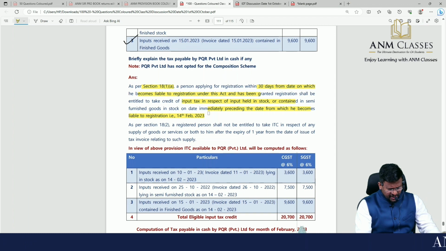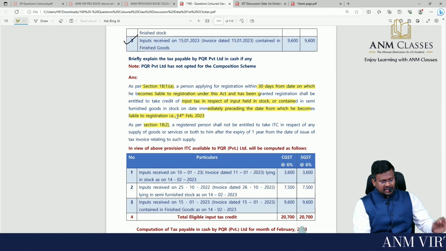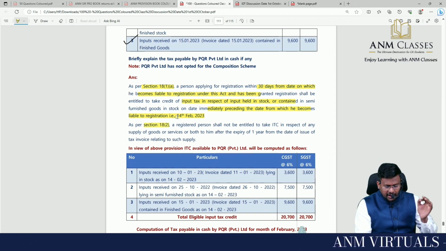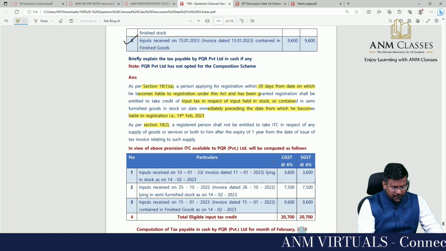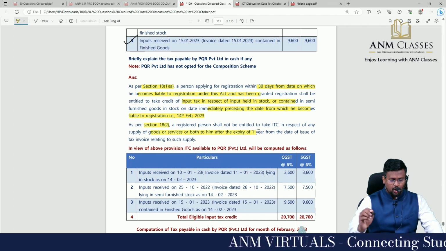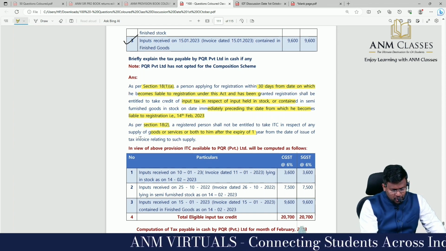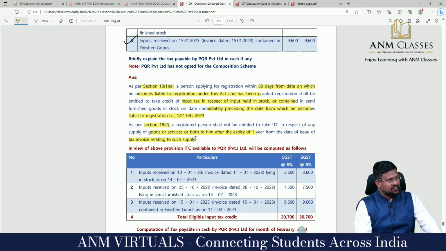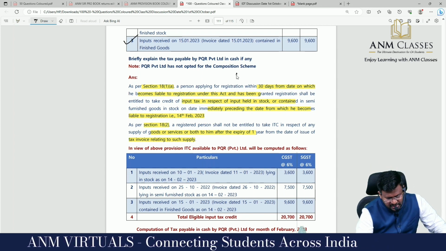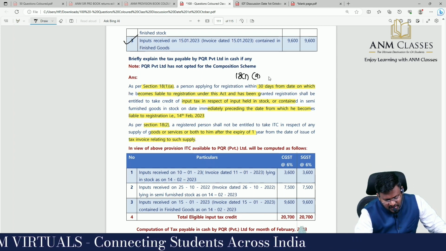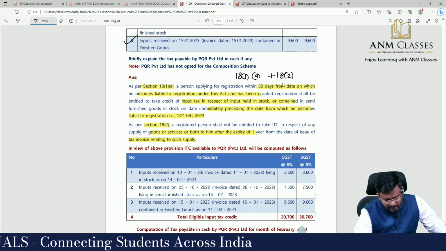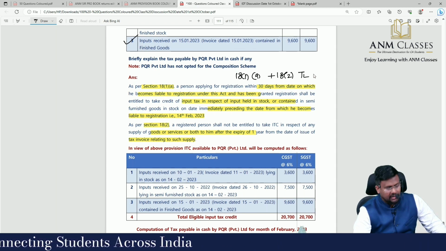As per section 18 subsection 2, a registered person shall not be entitled to take ITC in respect of any supply of goods or services or both to him after the expiry of one year from the date of issue of tax invoice relating to such supply. So section 18 subsection 1 clause A should be read with the section 18 subsection 2 time limit. Okay?